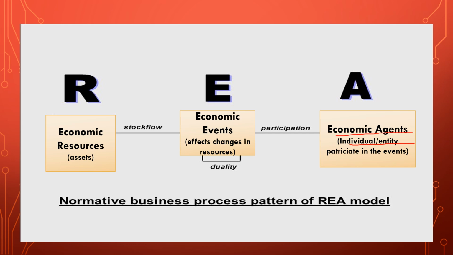So the main idea is having an event that affects the resource, and this resource is either stocks, inventory, or cash. So if the event is selling, then the resource, if it is inventory, will decrease.